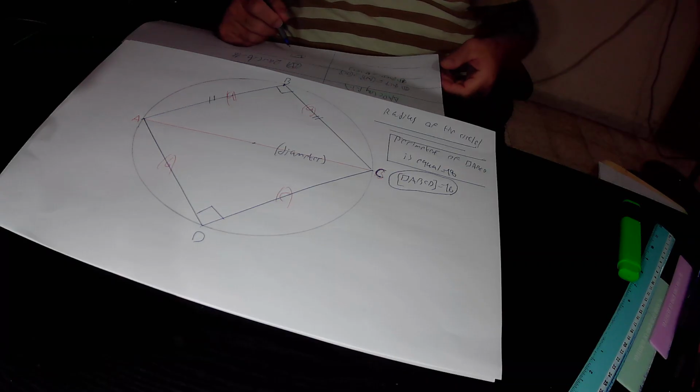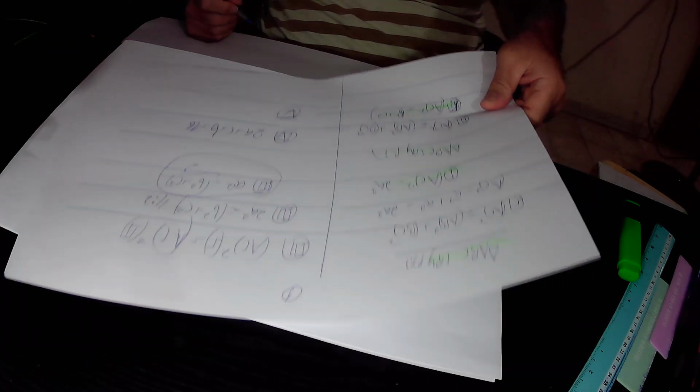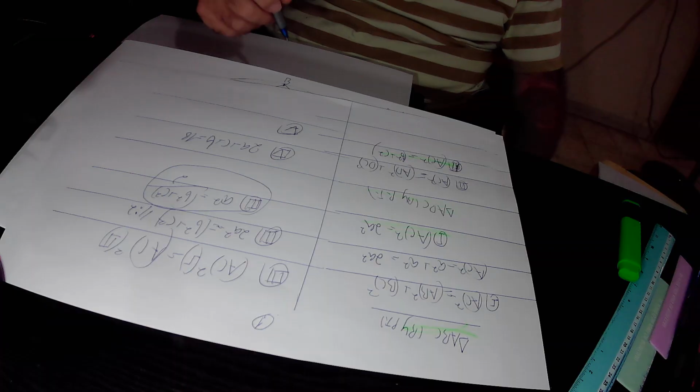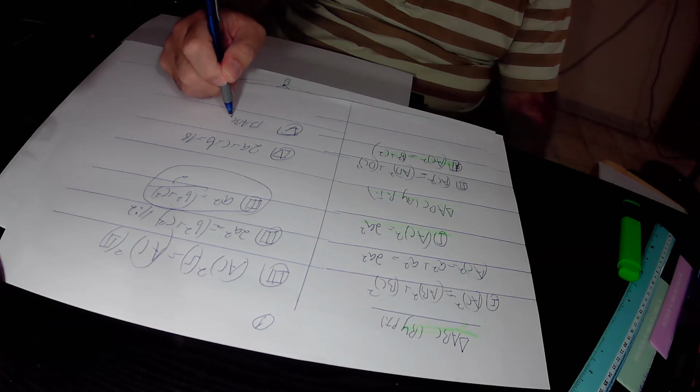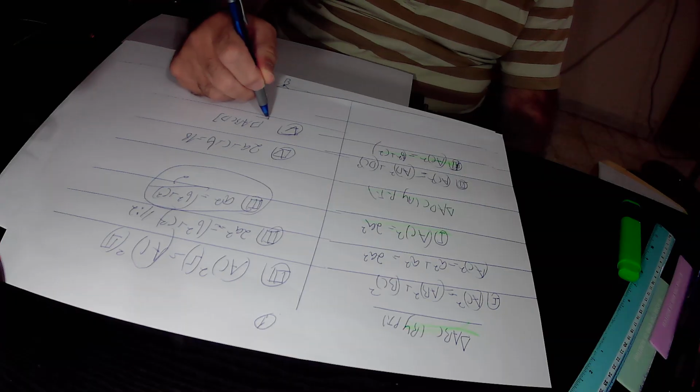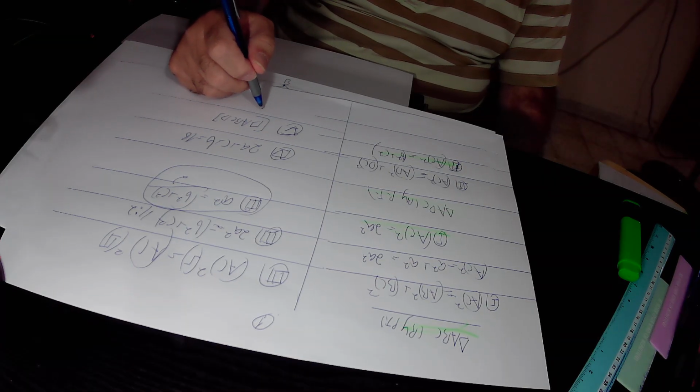So until now, I should find out that the area of quadrilateral ABCD in total must be equal to the sum of the areas of the two shapes that it consists of.